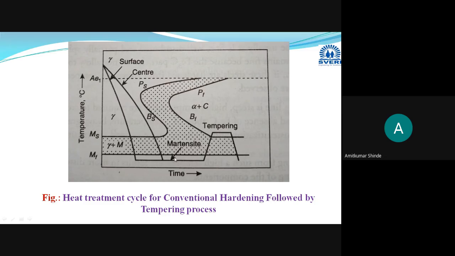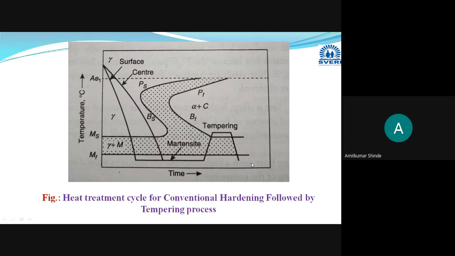In this way, conventional hardening is done, and at the end you will end up with transformation of this austenite to martensite. Some tempering should be done after this conventional hardening, following low temperature tempering, to eliminate internal stresses. At the end you will end up with tempered martensite.